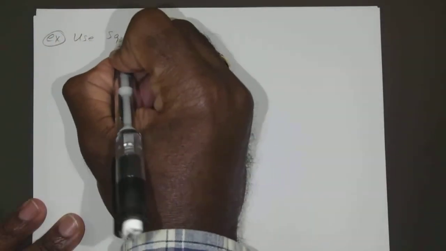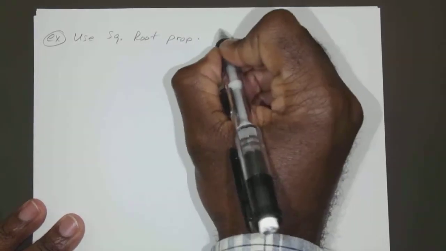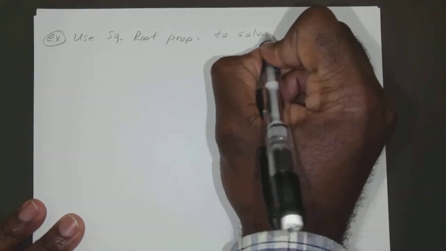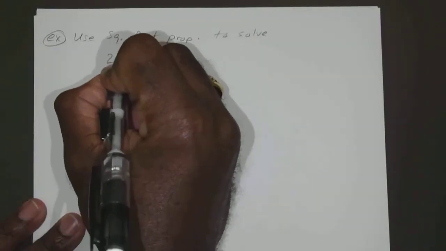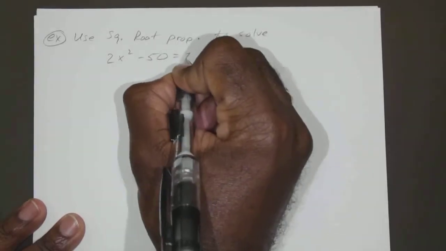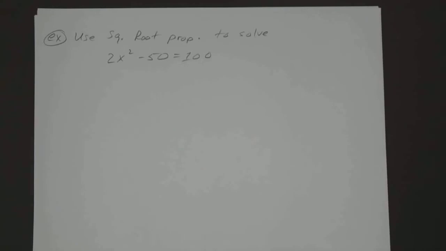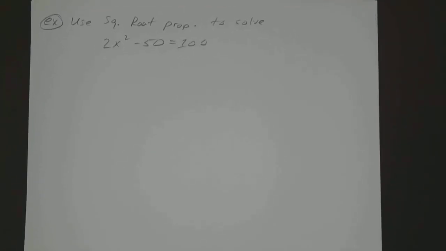Use the square root property to solve 2x squared minus 50 equals 100. All right, now I'll give you a few minutes to start on that one.